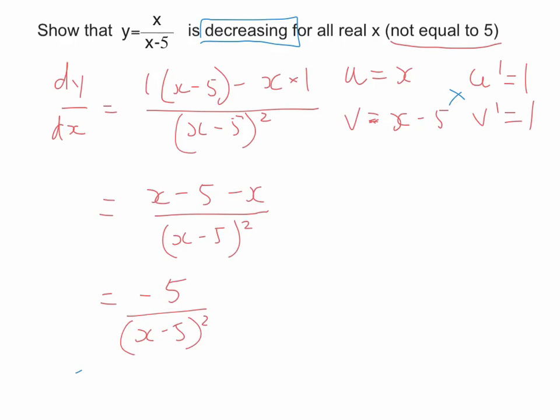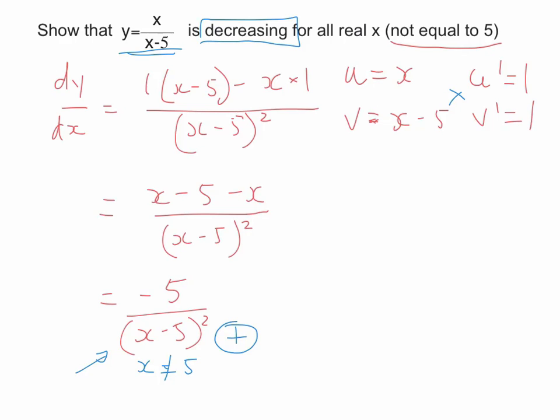Well, if we look at this expression here that we've generated, we noted that the denominator, no matter what number I put into the denominator, will be positive. Well, of course, that's with the exception of our value x equals 5. But we've established that x cannot be equal to 5 because then we'll have a problem with dividing through by 0 up here and here. But in either case, x can't be 5, we've already established that.